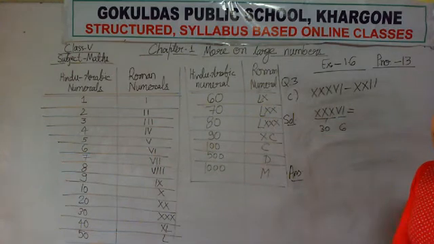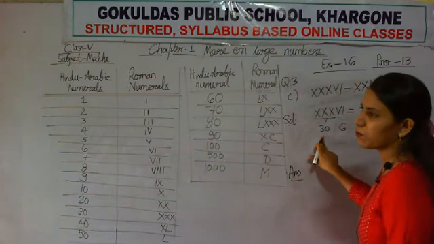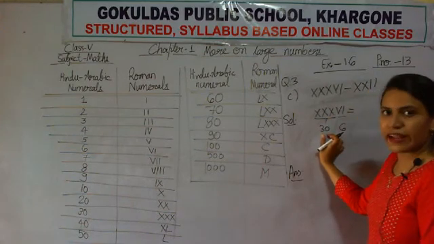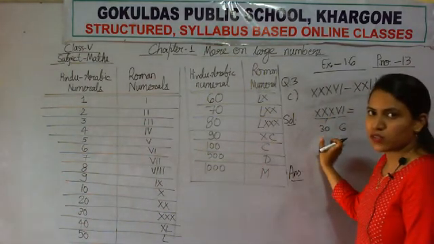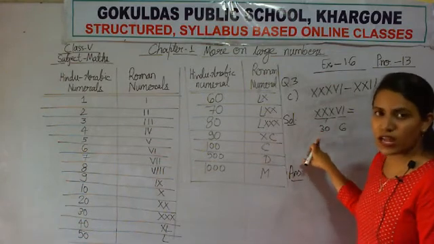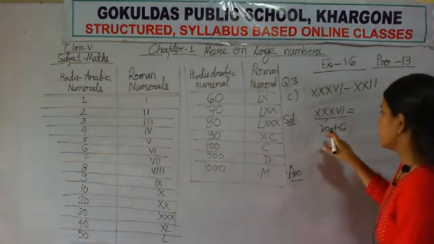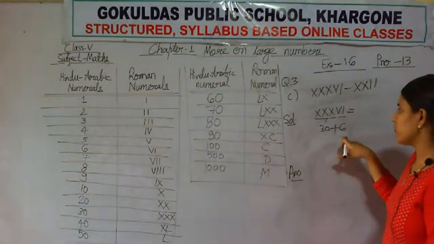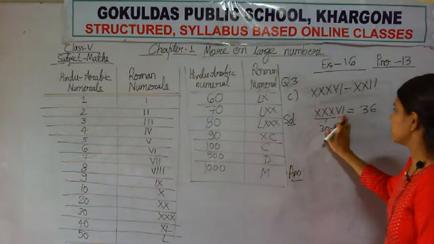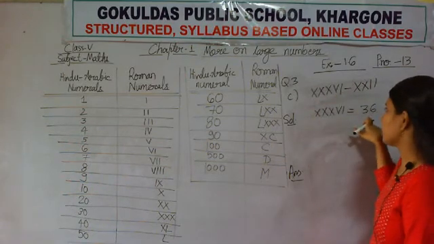Now observe these two numbers. Here you can see that the smaller number is written to the right of the larger number. 30 is larger, right? Between these two. And 6 is smaller. So the smaller number is written to the right of the larger number. It shows addition. So you will add it. 30 plus 6, 36. The Hindu-Arabic number for the first number is 36.